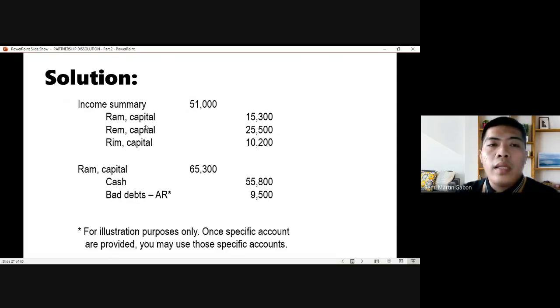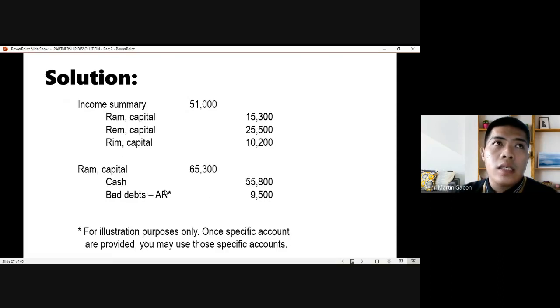Then credit the capital accounts of RAM, REM, and RIM for the share in the 51,000 net profit as of July 1. So 15,300, 25,500 and 10,200 respectively.